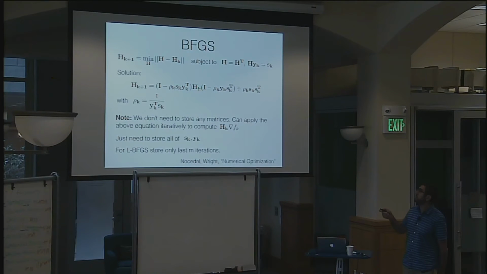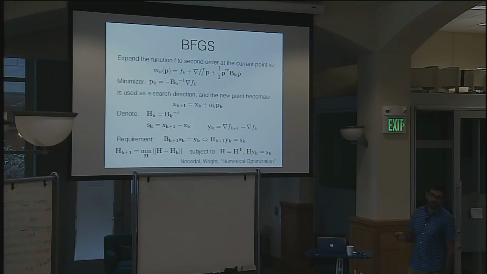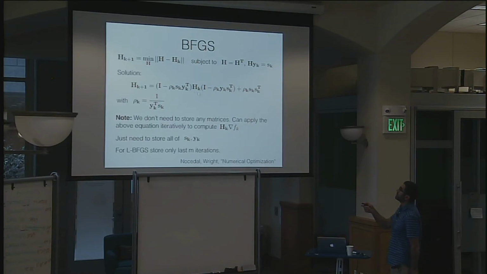Now, this equation here, you don't need to derive, but I will mention again that you're never storing H's or Hk plus 1's. All you're storing is this sk and yk, which is just the difference between your current iteration and the previous iteration, and the same thing for the gradient. At each iteration, you basically do this whole multiplication with vectors all over for all the iterations.